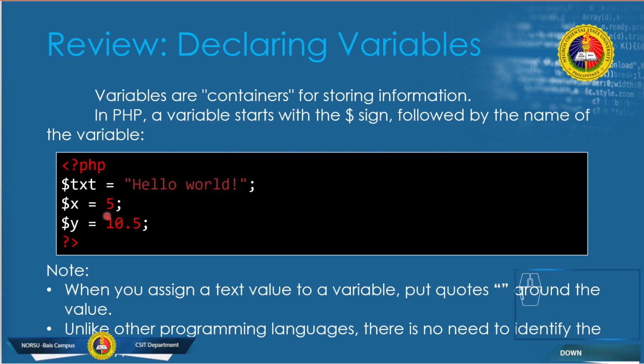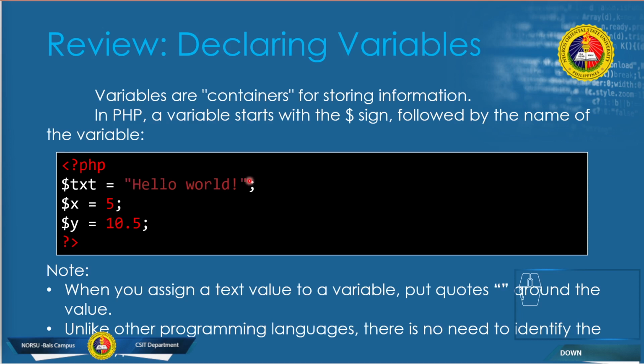Alright, so again, remember, when you assign a text value to a variable, put quotes around the value, especially if this is going to be a string. So if we're going to declare a variable that contains a string, then the string must be enclosed with double quotation.